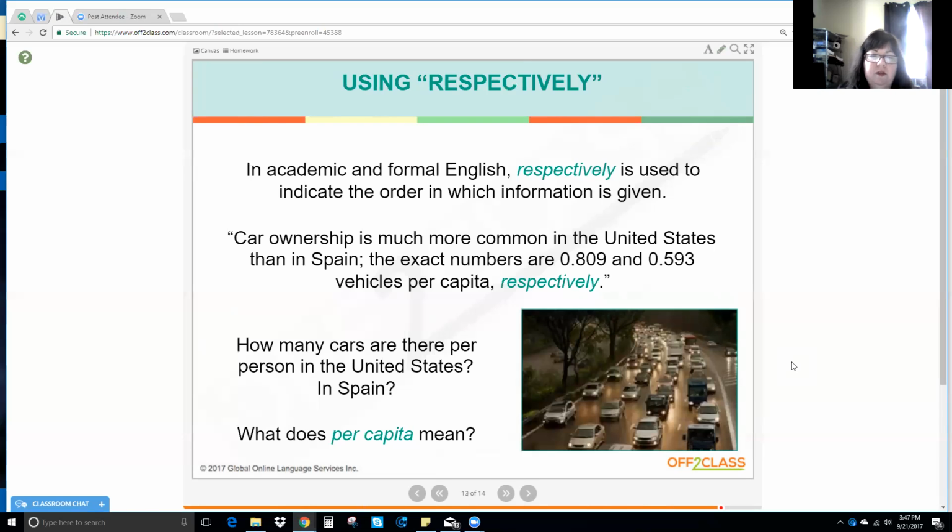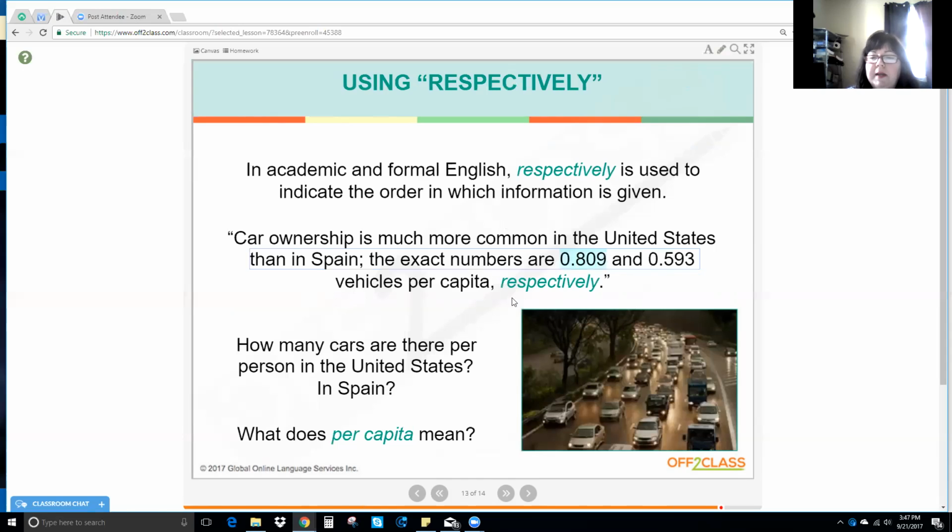Okay, so here's a better example in the lesson. Car ownership is much more common in the United States than in Spain. The exact numbers, okay, so actually it does work better with numbers than the example that I gave. The exact numbers are 0.809 and 0.593 vehicles per capita, respectively.